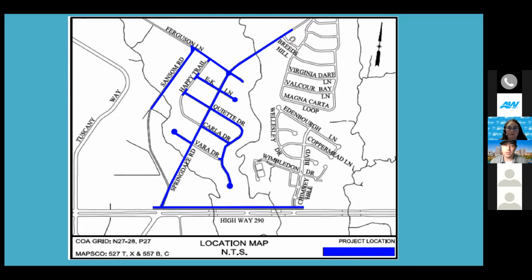So we are planning to do the directional bores first to start the project, and then we will skirt along 290 and work our way north along Springdale. That is our proposed plan at this moment. We'll start with directional bores along 290, do what we need to do there, and then work our way up Springdale and hit each street as we come to it.